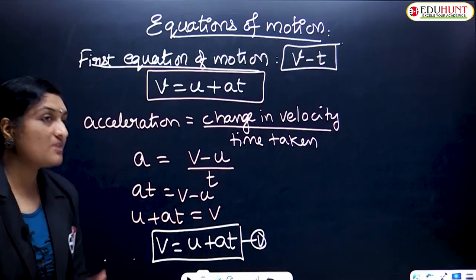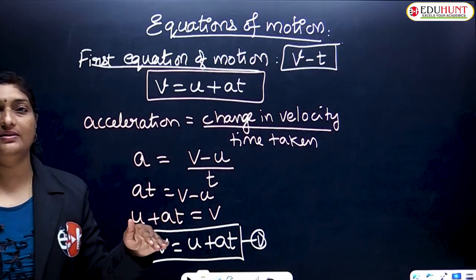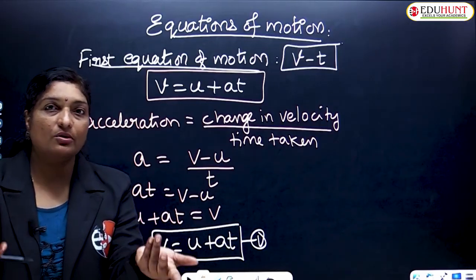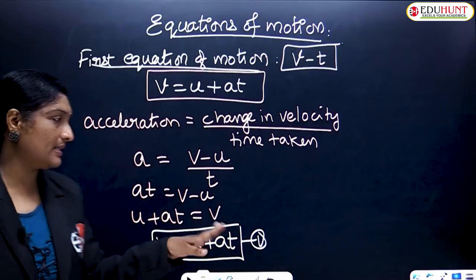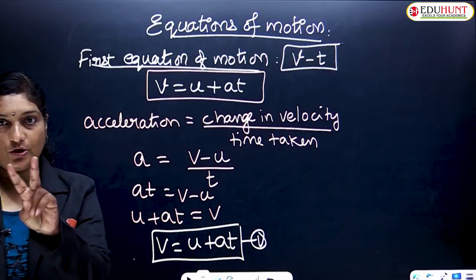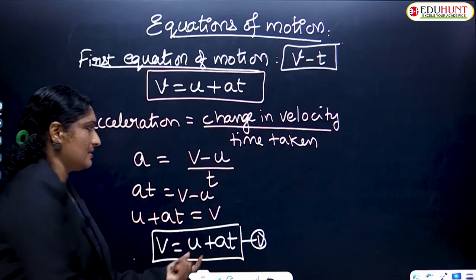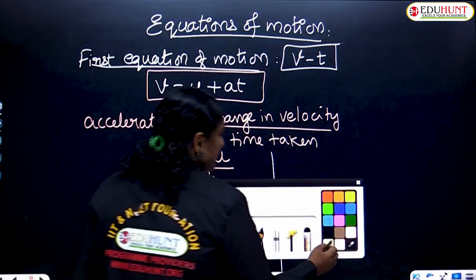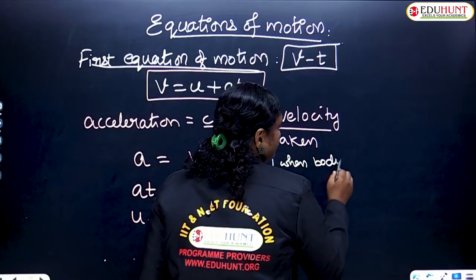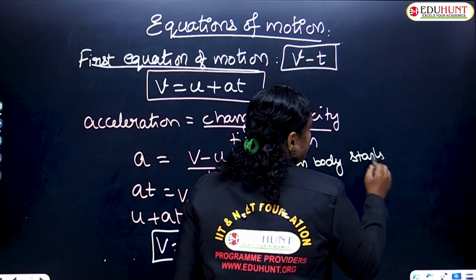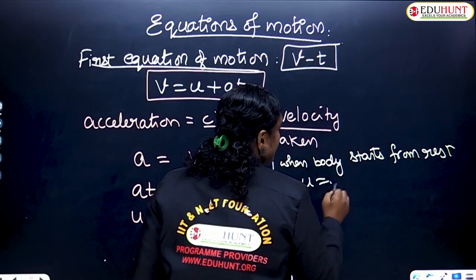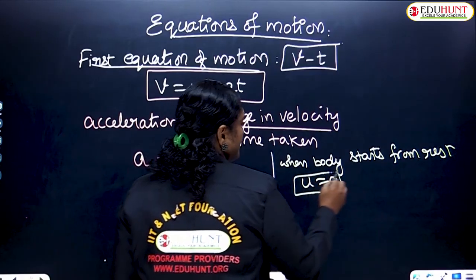Okay, children. Suppose the body is moving with uniform velocity. Uniform velocity means no acceleration. Whenever the body is moving with uniform velocity, that means no acceleration, that is a equals 0, then v is equal to u. So, two cases I told you. Case 1: whenever the body starts from rest, in that case you have u equal to 0.